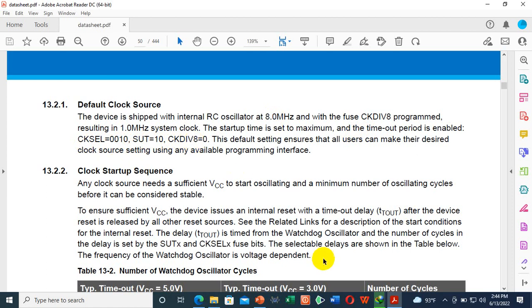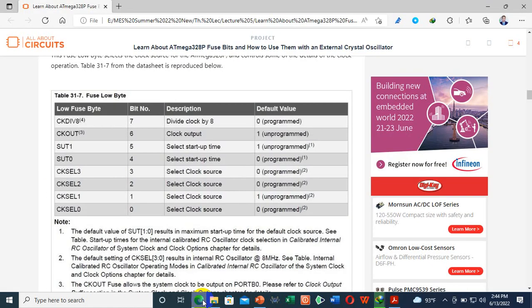Look at the picture. 0010, 8 megahertz clock source. Startup time 10. You see, start time 1 and time 0, bit positions 5 and 4. It is 10. This gives maximum startup time. And now this is clock division 8. That means dividing 8 megahertz by 8 to get 1 megahertz.